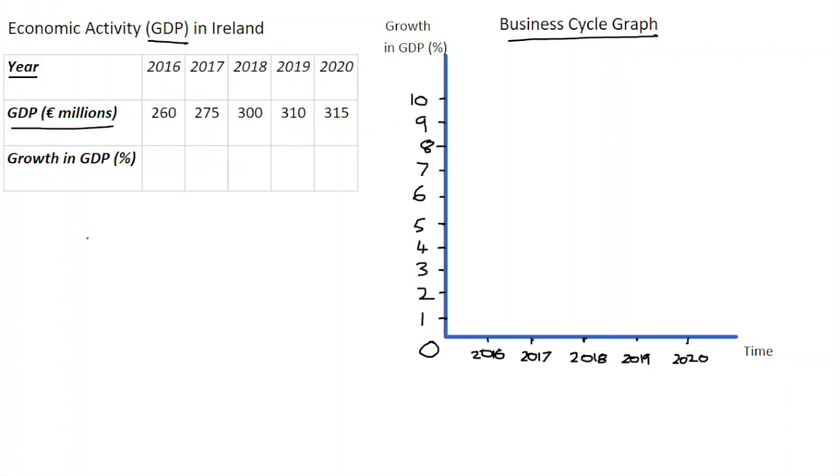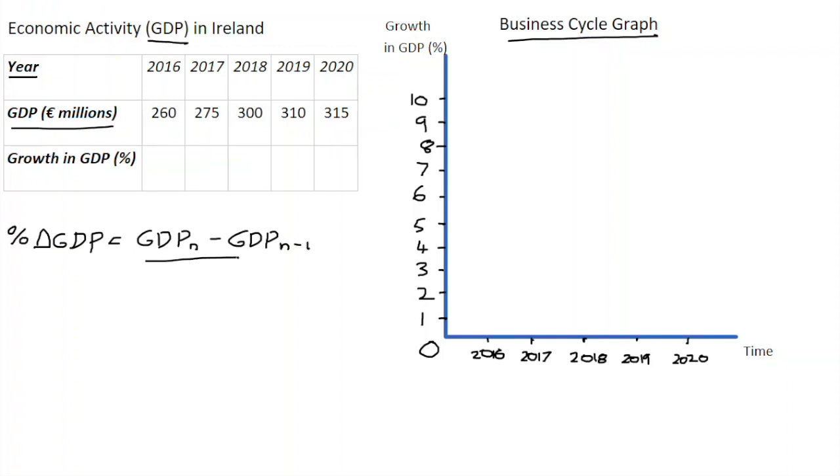So we'll start off with a formula, and what we have here is that the percentage change in GDP is equal to the following. So it is equal to the GDP level in the current year, and we're going to call GDP in the current year GDP-N, and we will take away the GDP level in the previous year, and we will call that N minus 1.